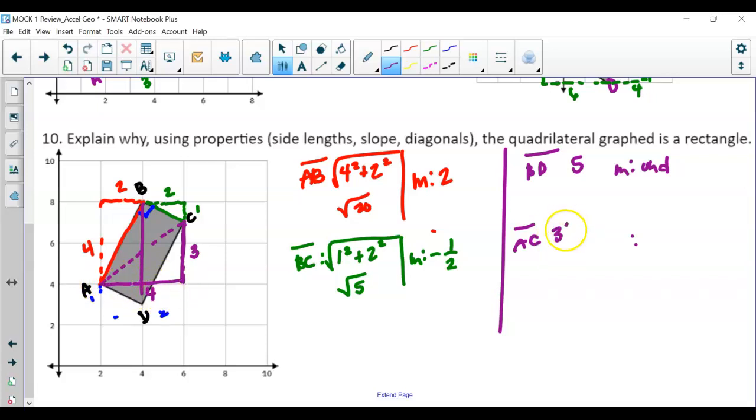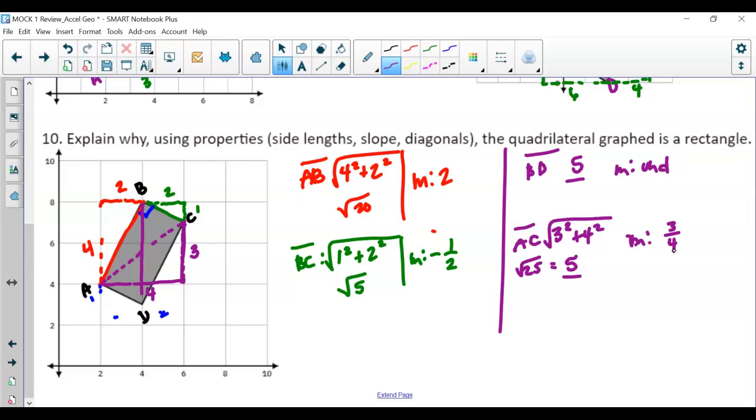So here I've got 3 squared plus 4 squared, take the square root, which ends up giving you 5, because this is radical 25, which is equal to 5. So notice the diagonals are congruent to each other. They are the same. And the slope is positive 3 over 4, which they're just intersecting.